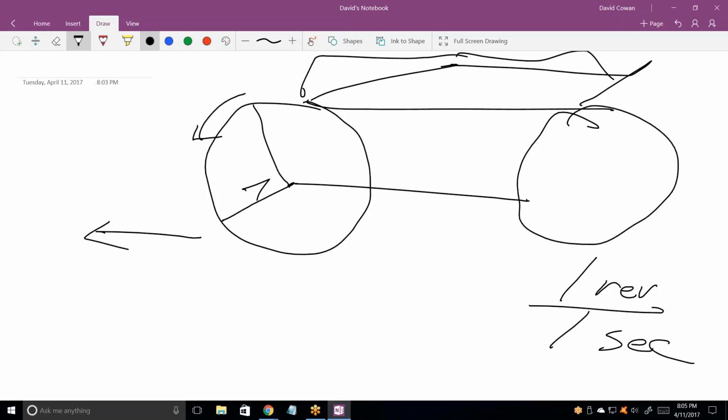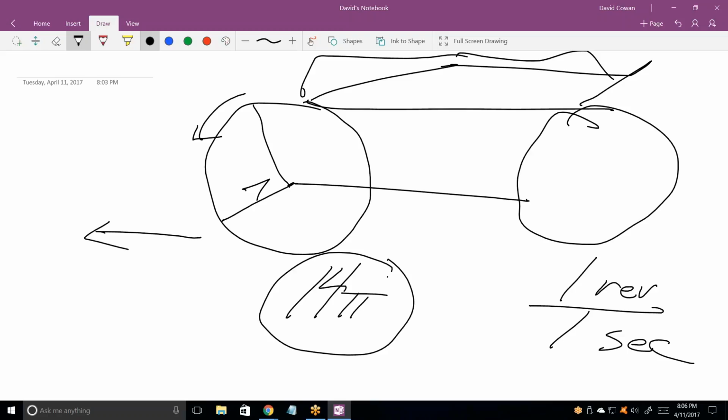What's the circumference of that wheel? You're on the right track. Yeah, 2 pi r. So that's 14 pi. That's the distance the vehicle goes in 1 second, in other words, whatever the circumference of those wheels is.